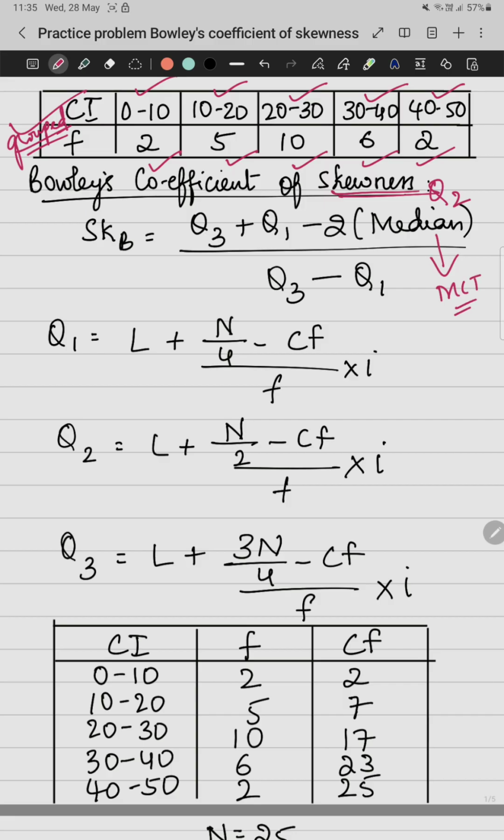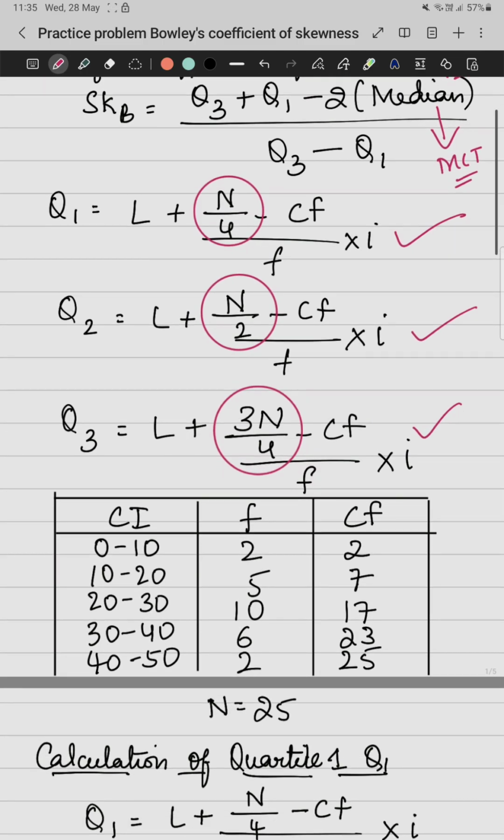So that median is Q2, the second quartile. Okay. So here you have the formula for Q1, Q2, Q3. Everything is the same. What is changing? Only these values are changing: N by 4, N by 2 and 3N by 4. Rest all is the same in the formula as you can see.